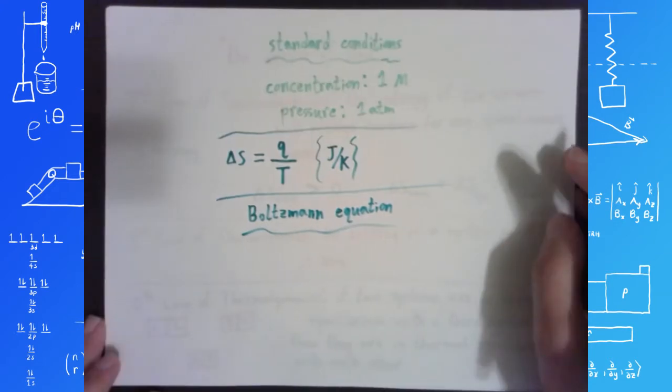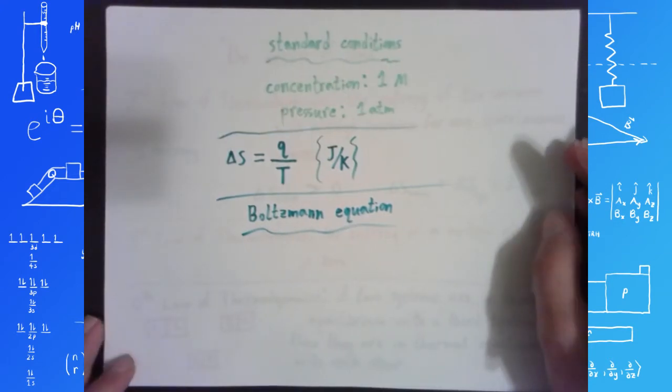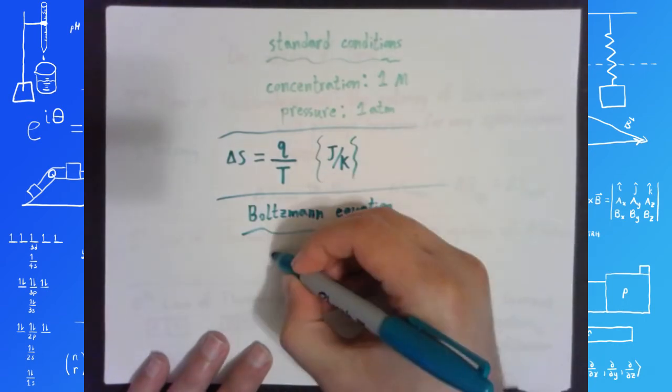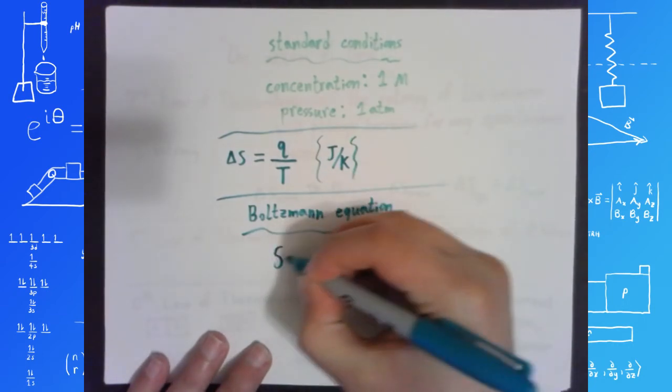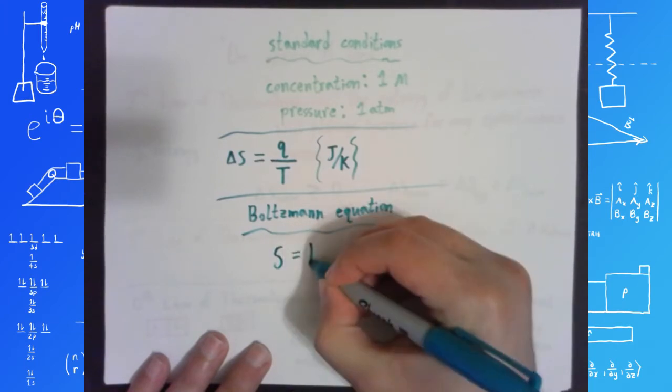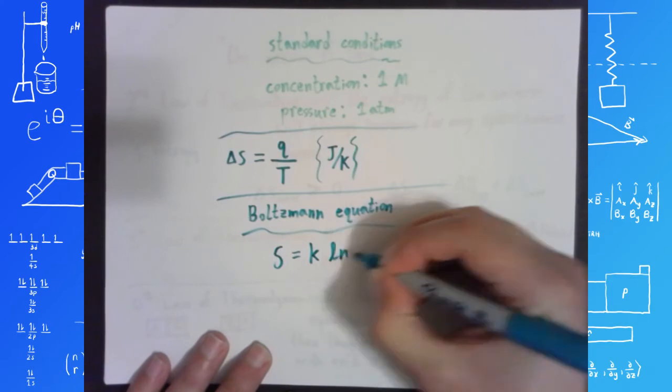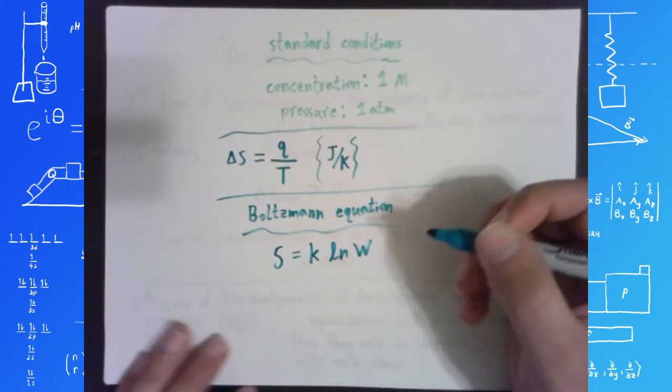We've brought up the Boltzmann distribution however many times, and now another contribution from Boltzmann. The Boltzmann equation defines entropy as little k times the natural log of W.